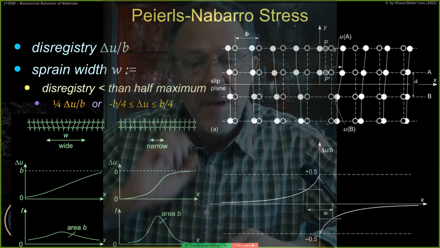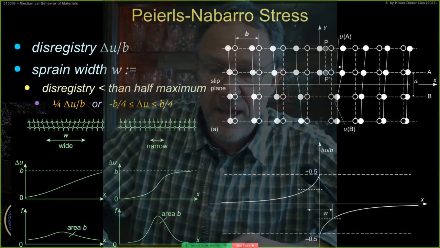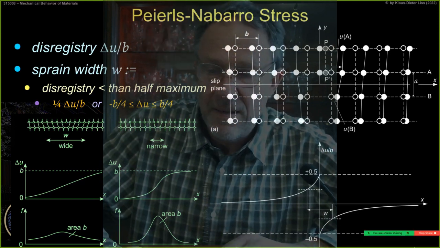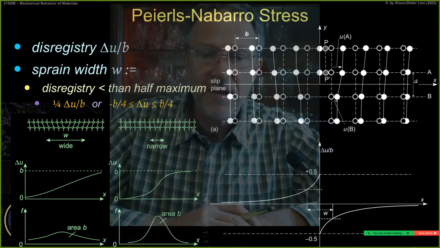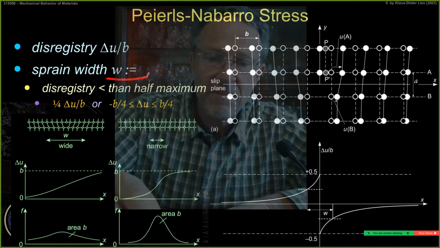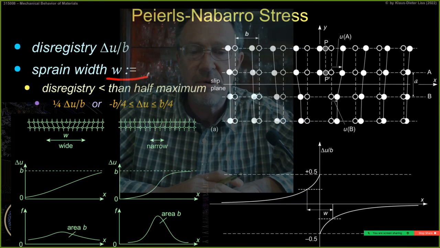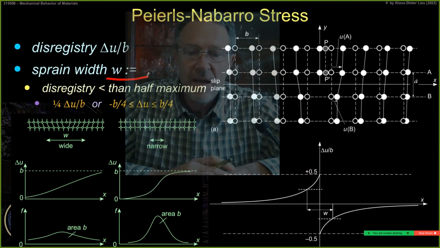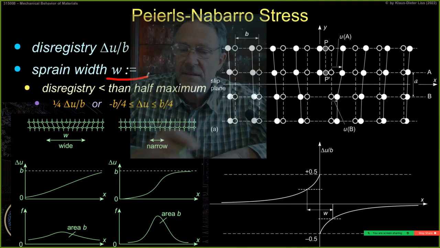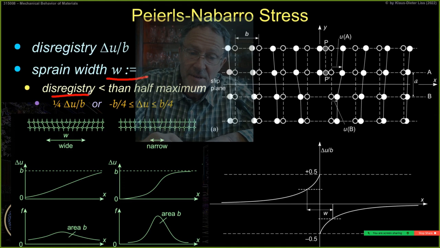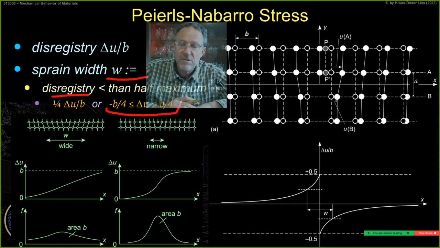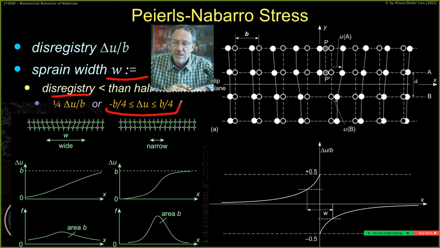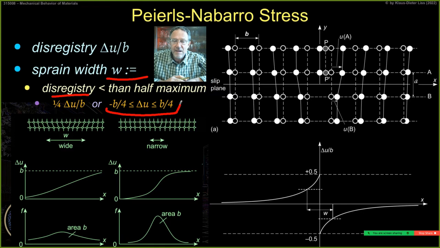Right, last time I introduced a width of a dislocation. The width of a dislocation, given by the parameter W, is where we have this registry between minus Burgers vector over four to plus Burgers vector over four. So basically an interval of half the displacement.